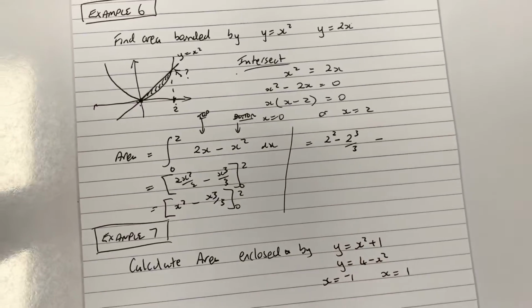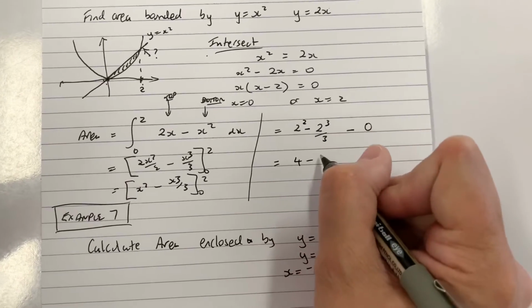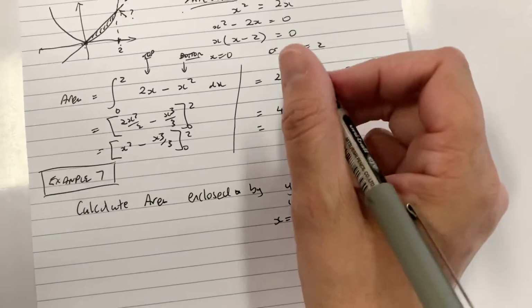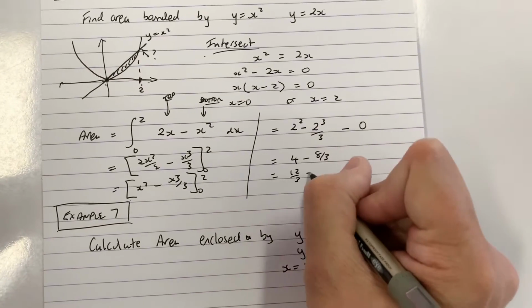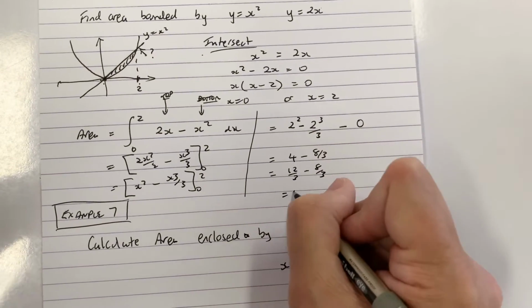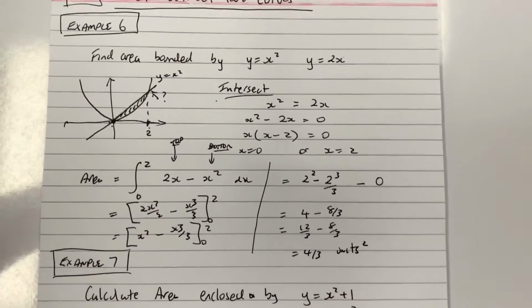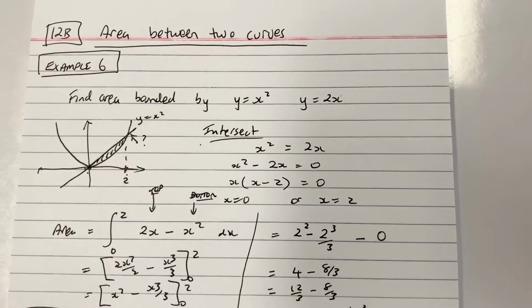Then we sub in the 0, of course, that's just going to be 0. So 4 take 8 on 3, which will be, well, let's make it 12 on 3, take 8 on 3, 4 on 3 units squared. So that was a very straightforward area.